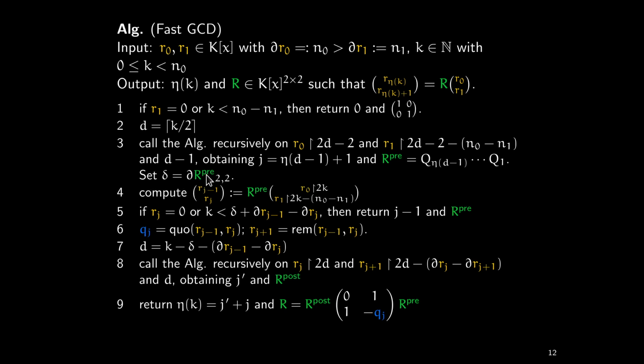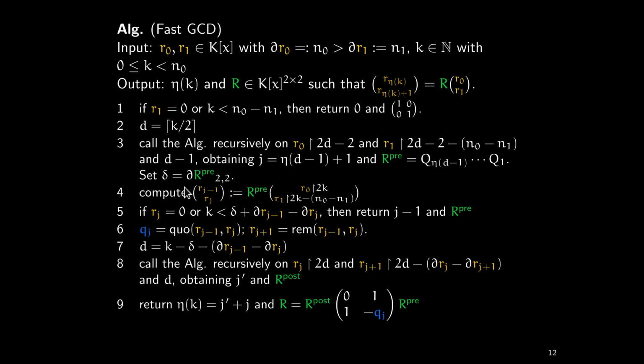Don't worry about these details. That's really technical, and I'm not expecting you to check this in full detail, and there are probably also some mistakes here. But the important thing is to get an idea of how this algorithm proceeds.